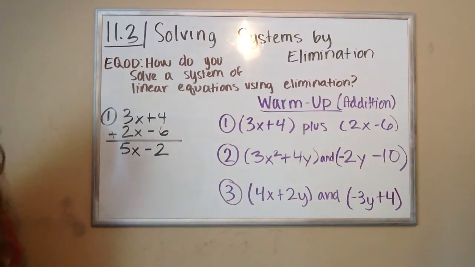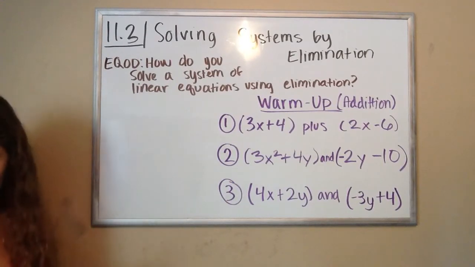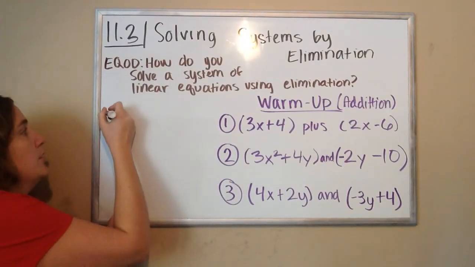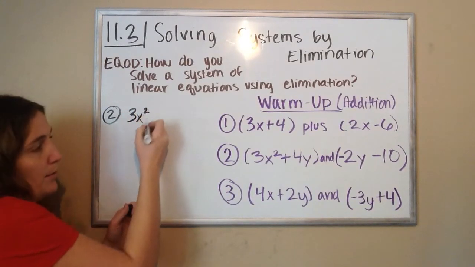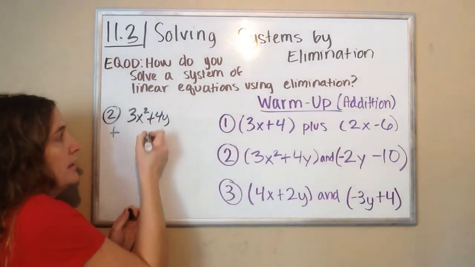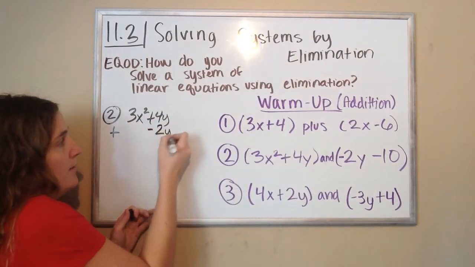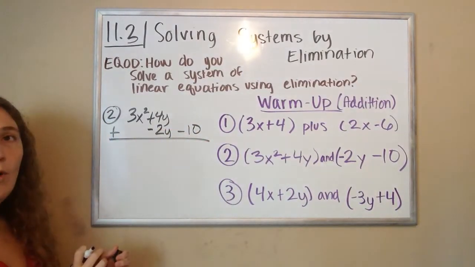Okay, this next one, number 2. We are still adding 3x squared plus 4y, and we are going to add negative 2y minus 10. Notice here how I lined up the y's.